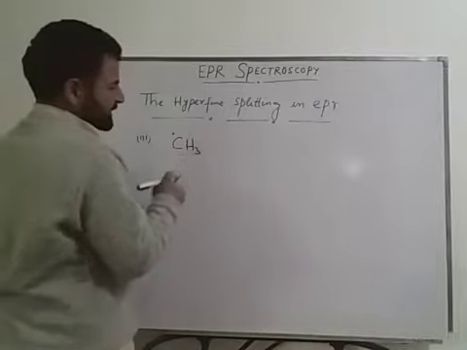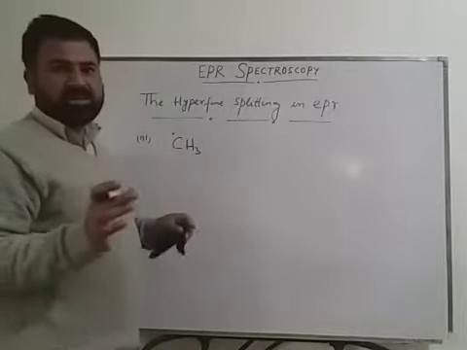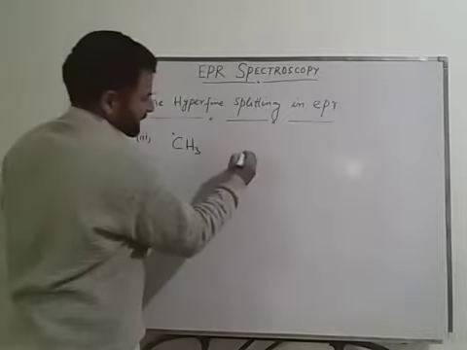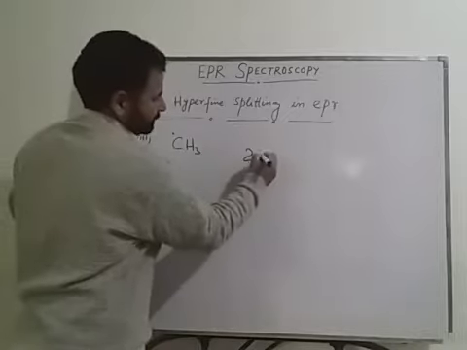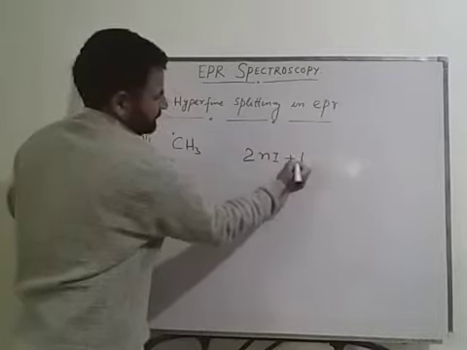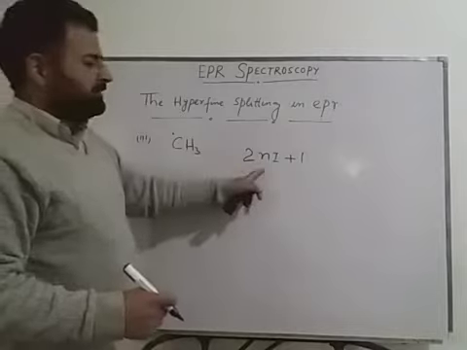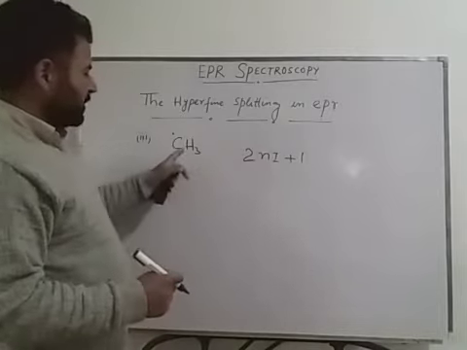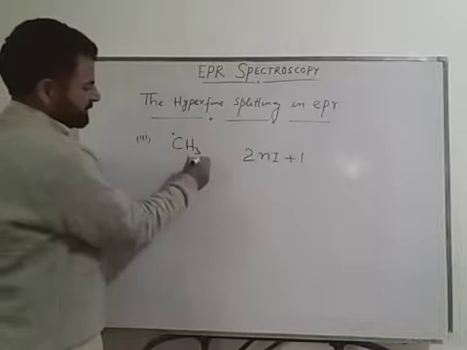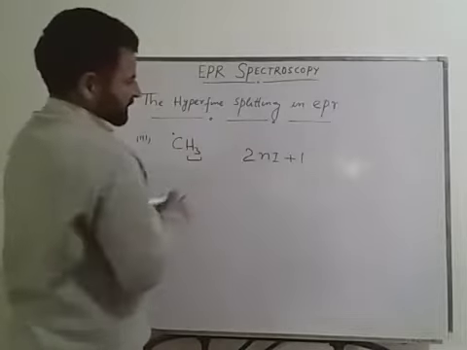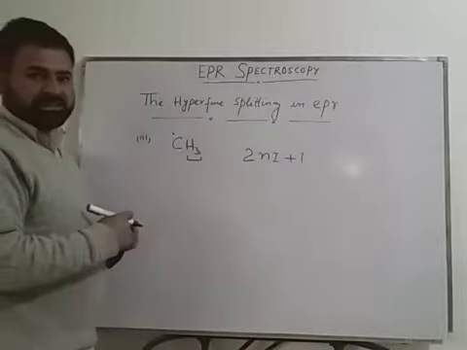In this case, the number of orientations of the nuclear spin with respect to each electronic spin will be given by 2NI plus 1, where N is the number of equivalent nuclei, because here all three nuclear spins are equivalent, all are from hydrogen. So in this case N is equal to 3.